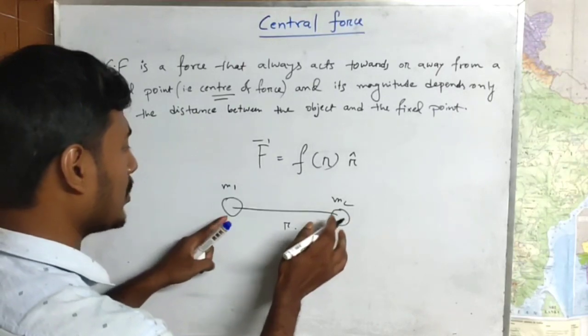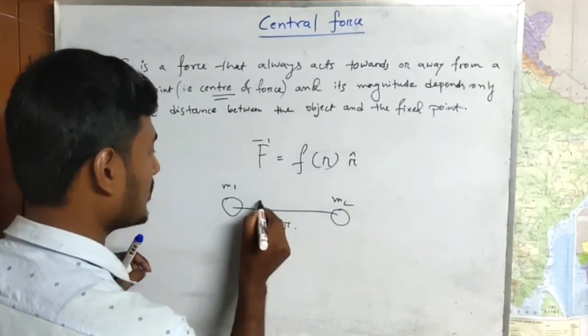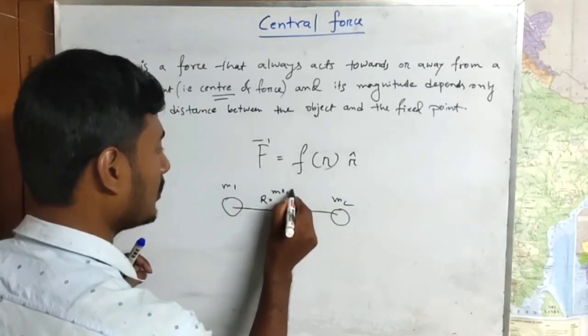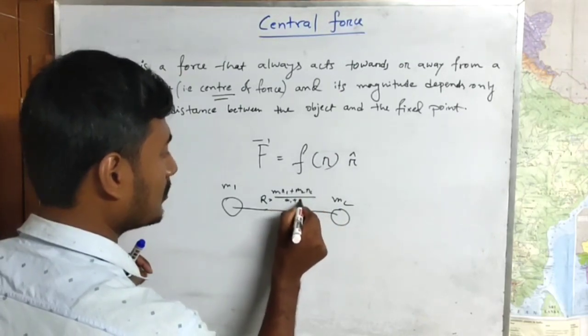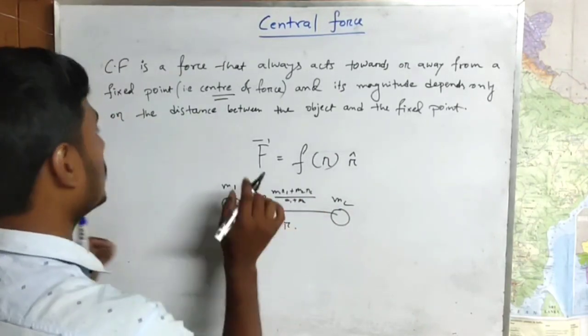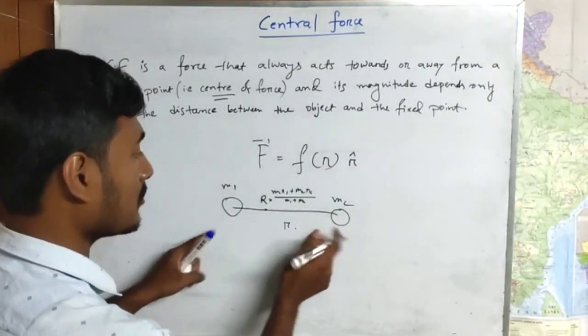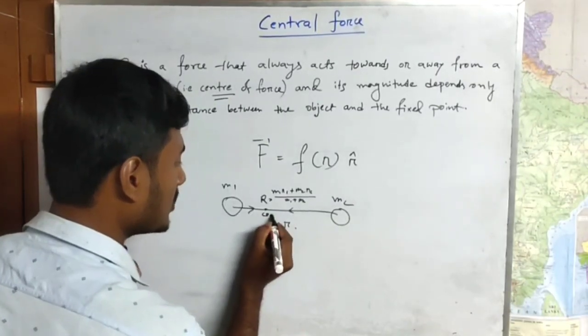For masses m1 and m2, the center of mass will be here, and its position can be written as (m1r1 + m2r2)/(m1 + m2). As this is gravitational force, it always acts towards or away from the center of mass. This is the center of mass.